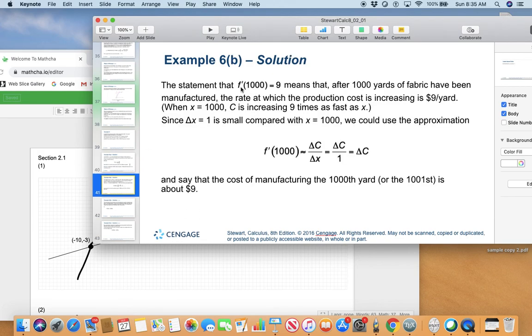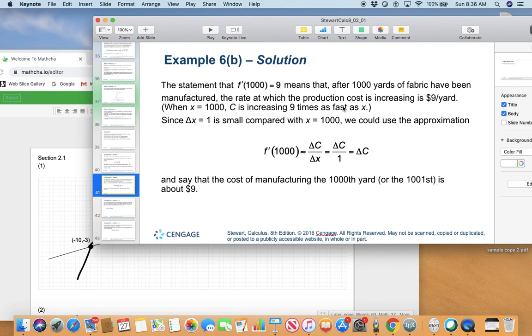So what does it mean to say f prime of 1000 is 9? It means that after 1000 yards of fabric have been manufactured, the rate at which production cost is increasing is $9 per yard.